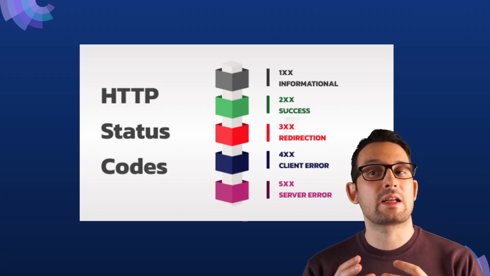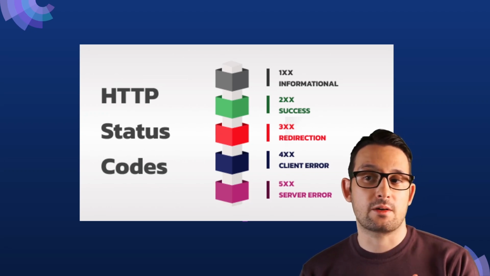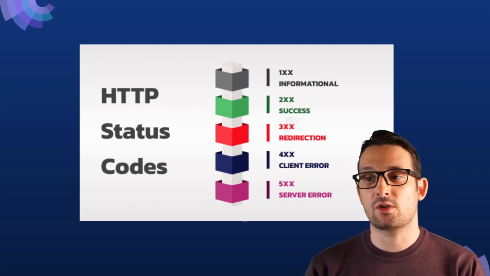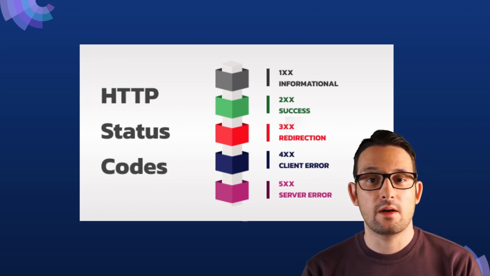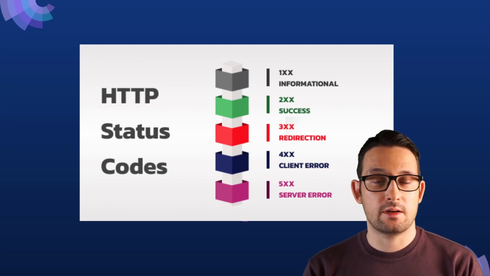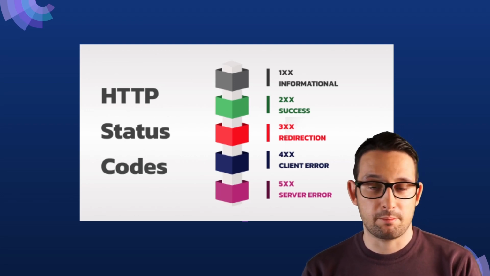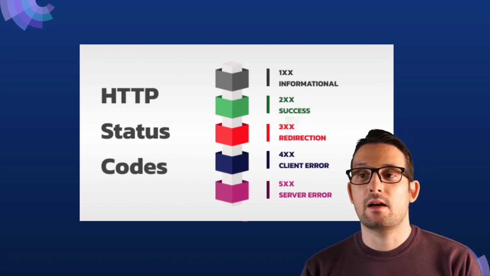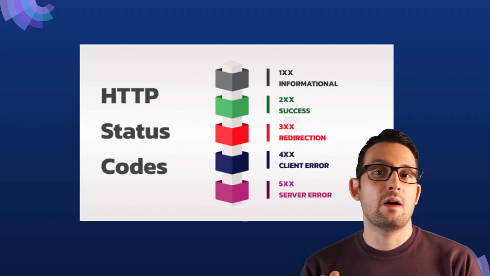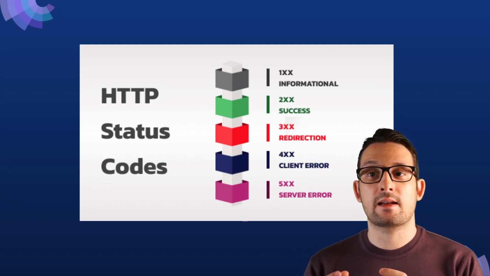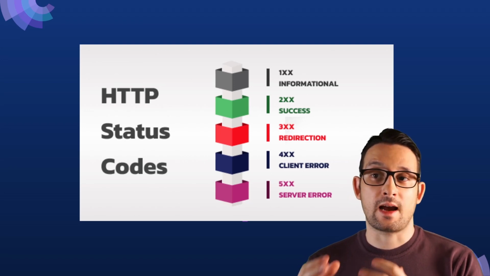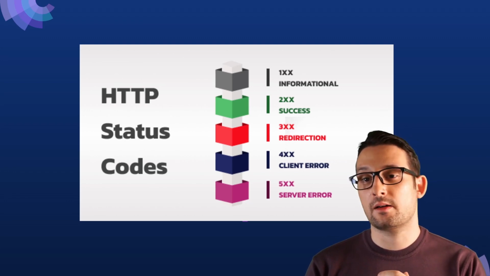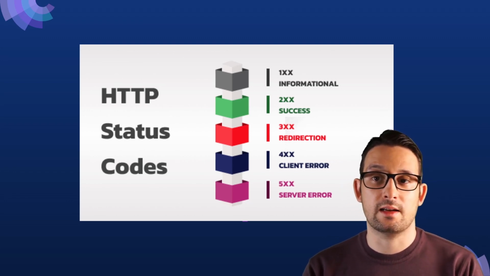This can happen if the client sent an invalid request, the requested resource does not exist, or if the client does not have permission to access the resource. And the last one here in purple or pink, 500, server error. These status codes indicate that there was an error with the server when processing the request. This can happen if the server encountered an error while processing the request, or if there are a range of 200 to 299.